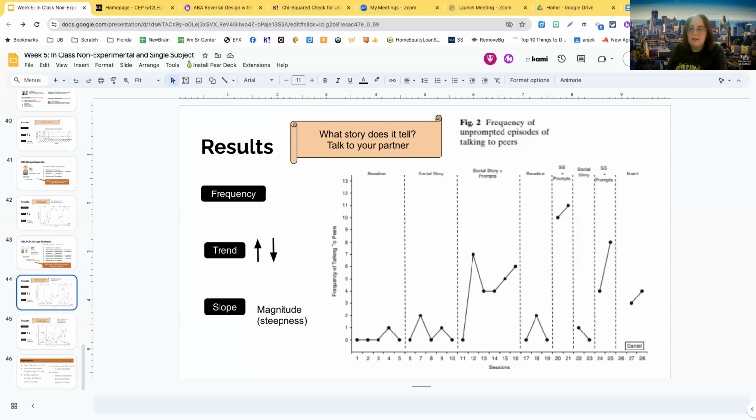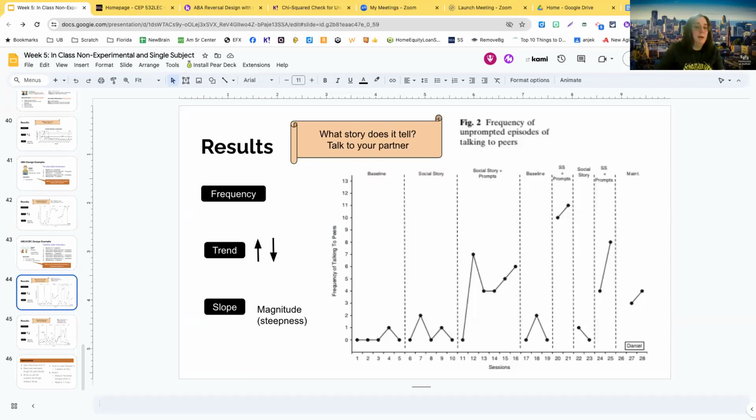You'd like to see the kiddo hit 80% or whatever your mastery criteria is over the course of maybe 3 or 4 sessions. They really only did 2. Right, right. So if they extended phase C, I bet maintenance would be looking better, but that's just my thinking.